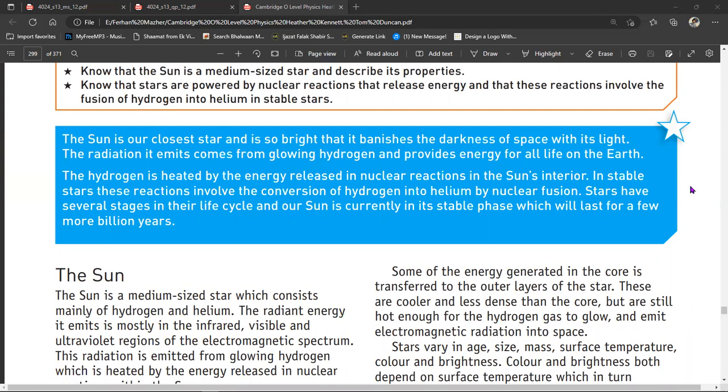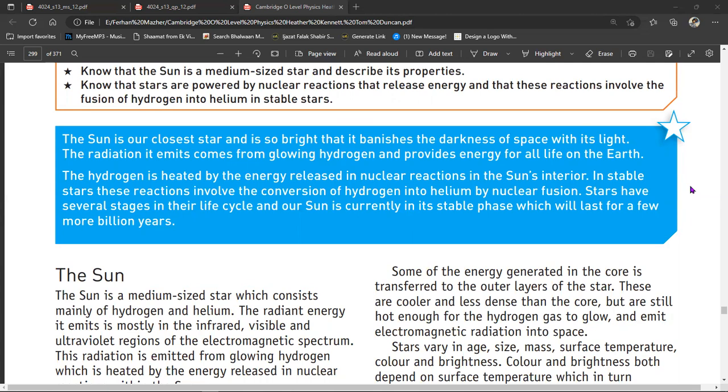The radiation it emits comes from glowing hydrogen and provides energy for all life on the earth. The hydrogen is heated by the energy released in nuclear reactions in the sun's interior.